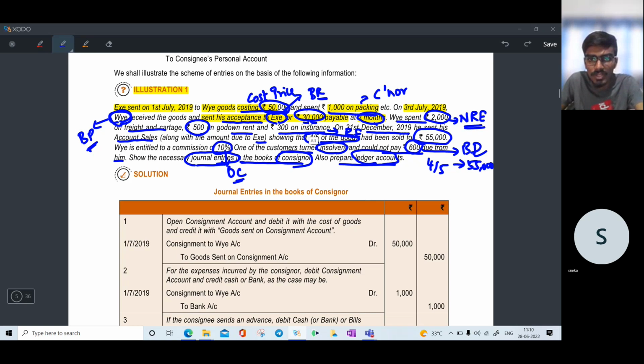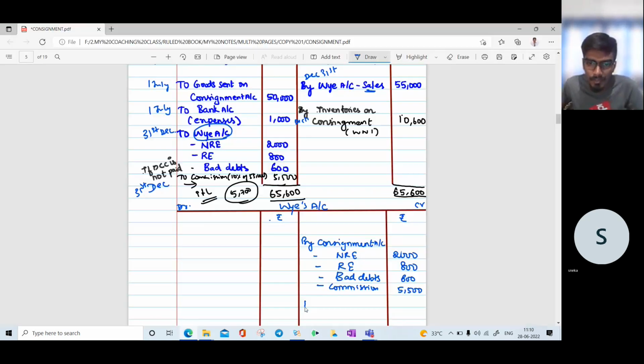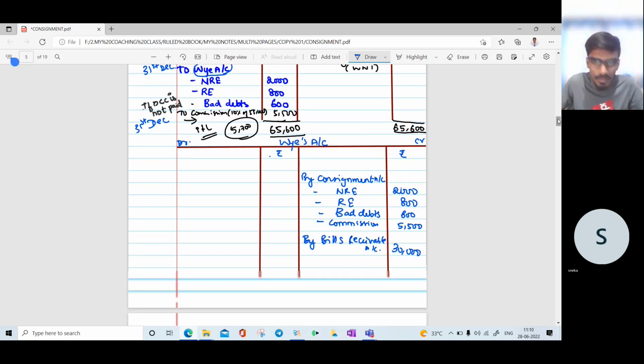Amount is 30,000. So we need to write by bills receivable account, 30,000.